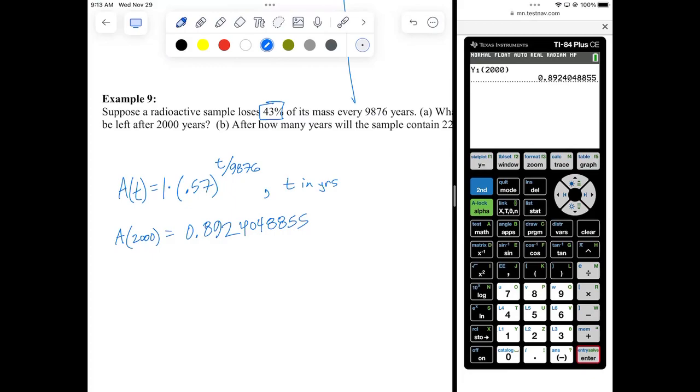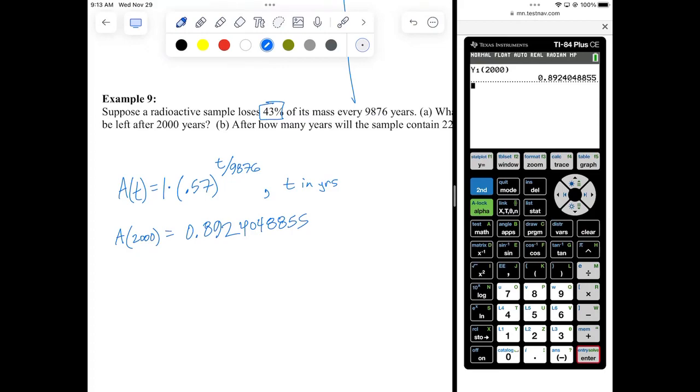It's not quite. That just tells me that if I started with 1 gram, I am now left with 0.892 grams. Yes? I need to figure what percentage of 1, my original amount, is 0.892.